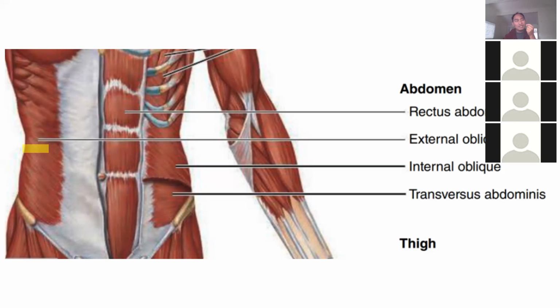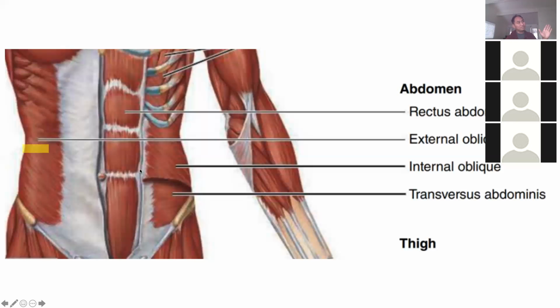I want you to look at the direction of the muscle. If the direction is like the way you put your hands in the front pockets of your jeans, downwards and medially, it is the external oblique muscle. It is not going to the lateral.